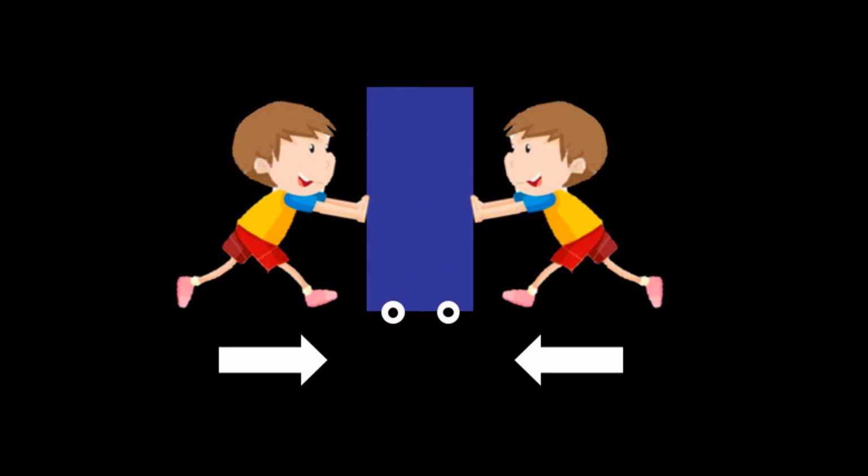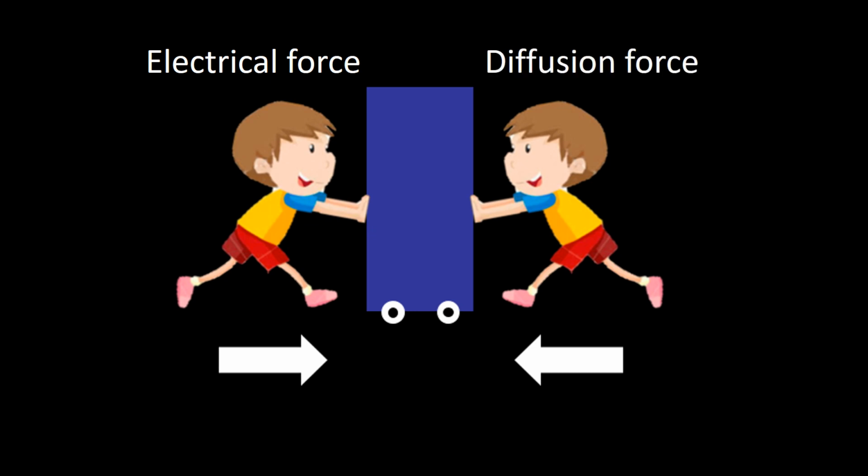This cartoon, as you recall, was used before to denote that if an ion is pushed by two forces, such as an electrical force and a diffusional force, and both forces are of equal intensity but in opposite direction, there will be no net flow.